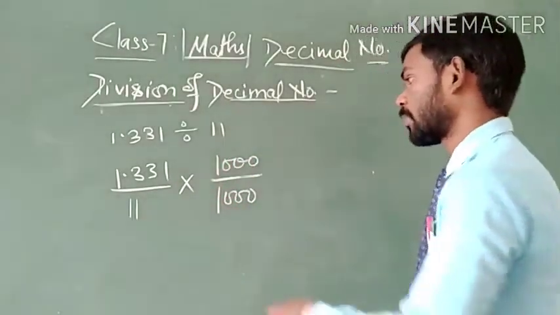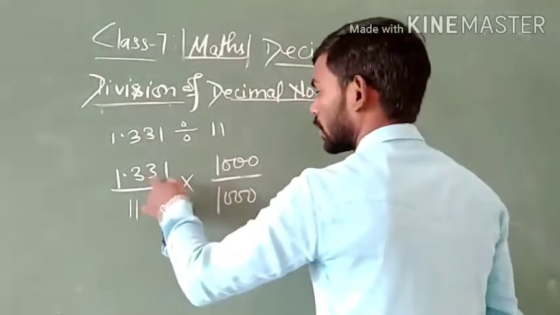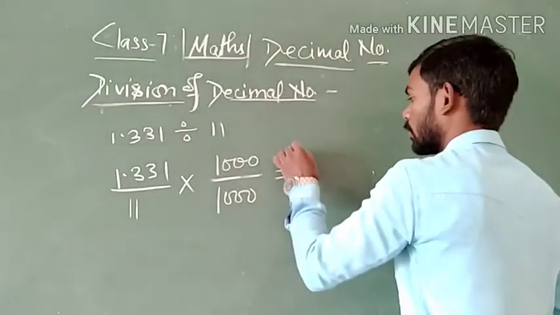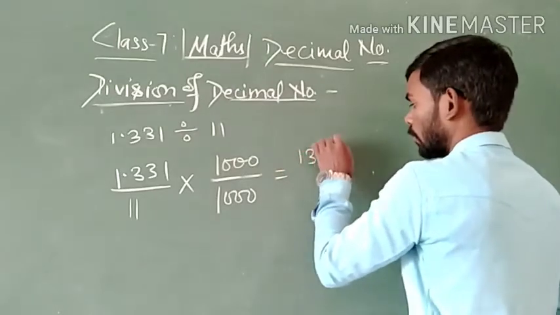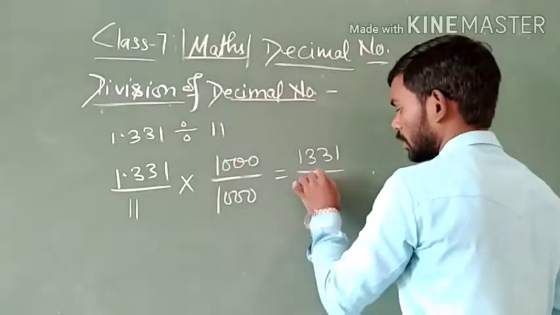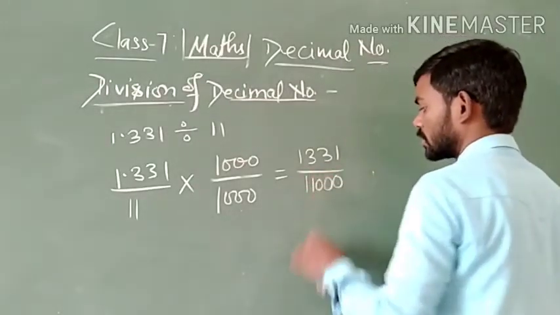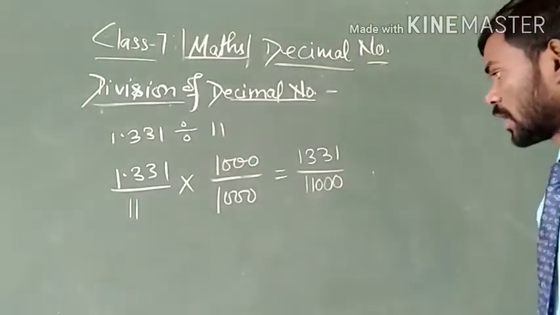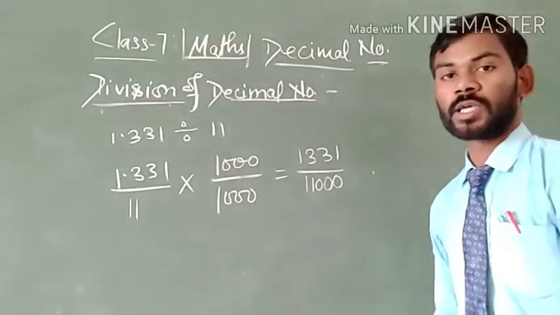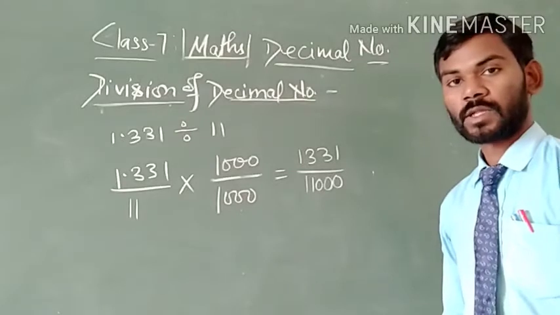So, when we multiply 1.331 by 1000, we shall get 1331, and here we get 11000, and in this way we have removed the decimal from the given question.